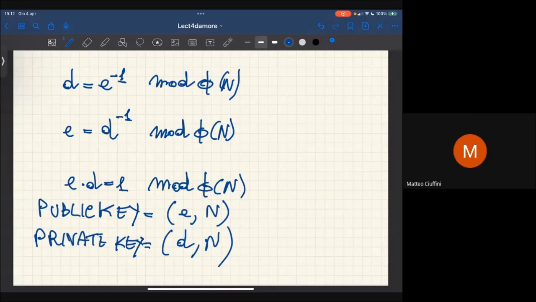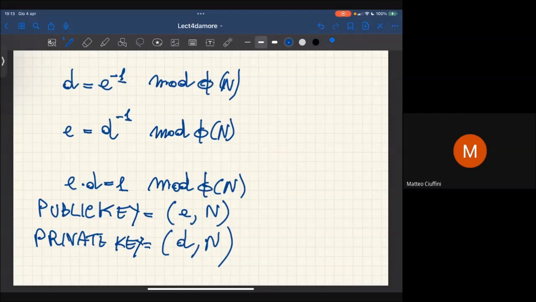The public key you see is just the pair E, big N, and this is public, completely respecting the definition of public key. So we can make it public because people will find it very, very hard to get the P and Q from N.